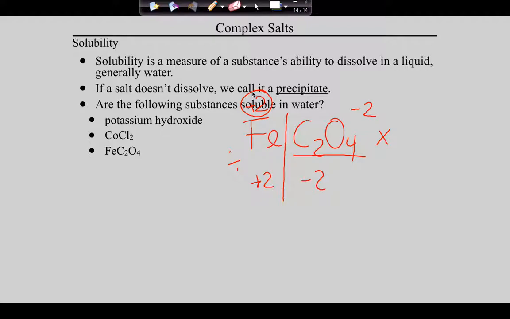So now we can come over and see that iron is +2, and when we connect the iron 2 with oxalate, we find that there is a letter I there, meaning that that is insoluble. What you'll see in the lab is that will be a precipitate.